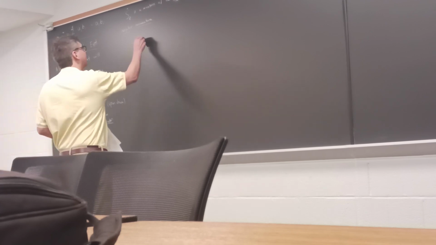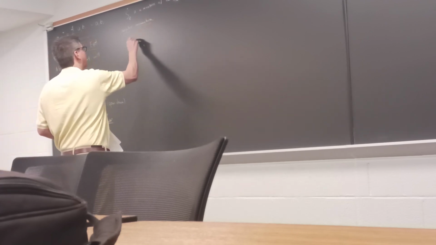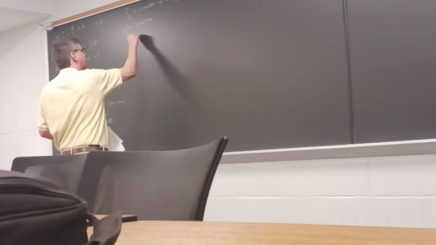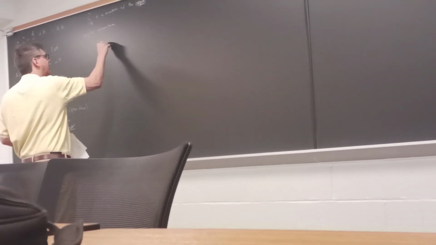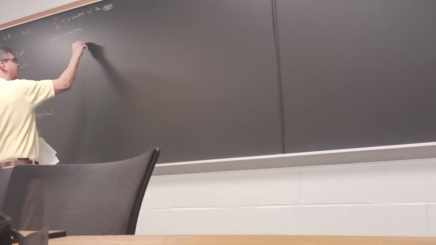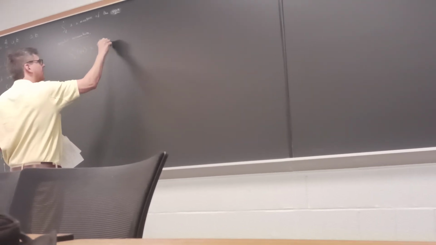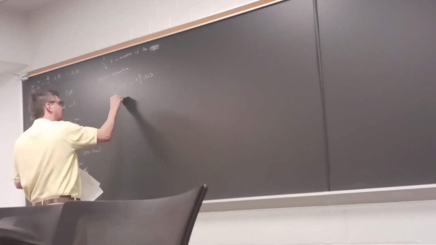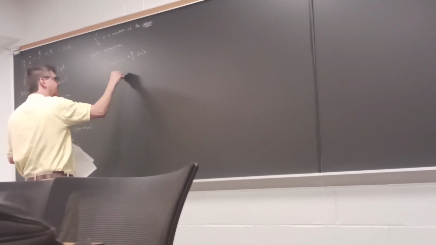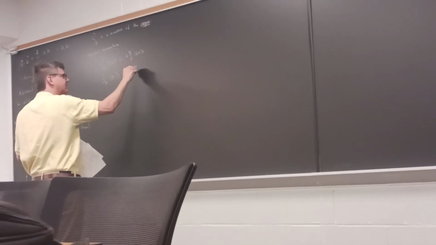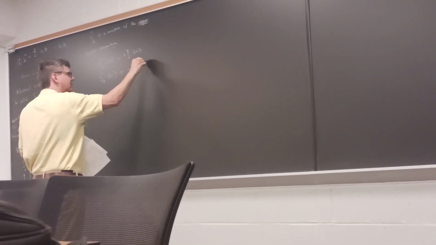Okay, and so this h bar over 2: Sz hat on a Z plus electron will give us plus h bar over 2 Z plus, and if I measure Sz on Z minus, I will get minus h bar over 2 Z minus.